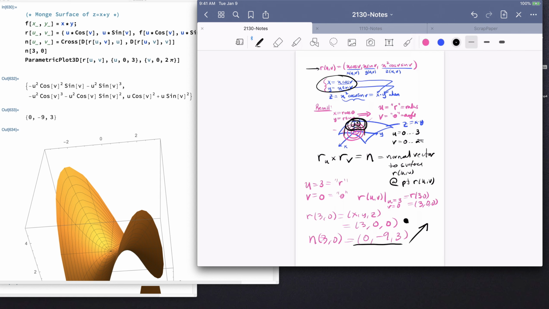And when you put those together, you will have a surface, and at that point, there will be a normal vector n, which is perpendicular to the surface.